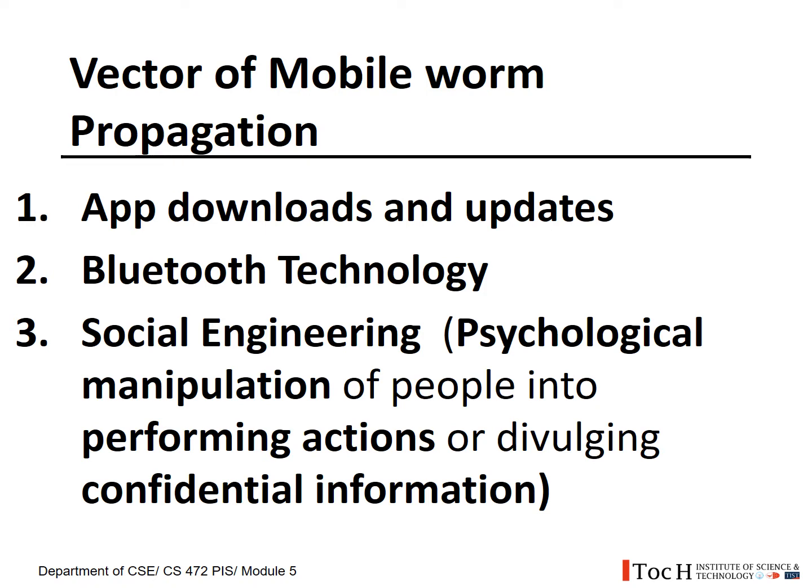And the third point is social engineering. Social engineering basically stands for a broad range of malicious activities done through human interactions. That is, it uses psychological manipulation to trick users into making security mistakes or giving away sensitive or confidential information.